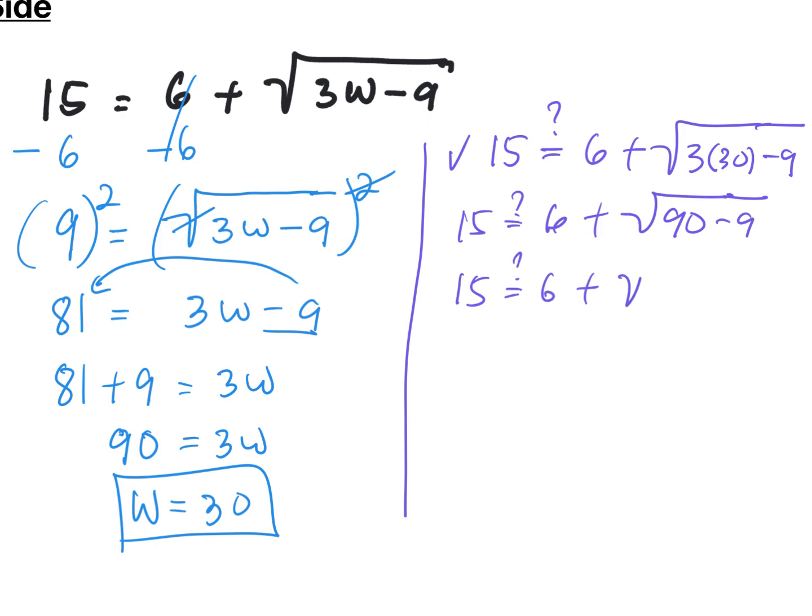So 6 plus the square root of 81. Here 15 is equal to 6 plus the square root of 81, which is 9. Therefore, we can say that they are both correct now. 15 is equal to 15.